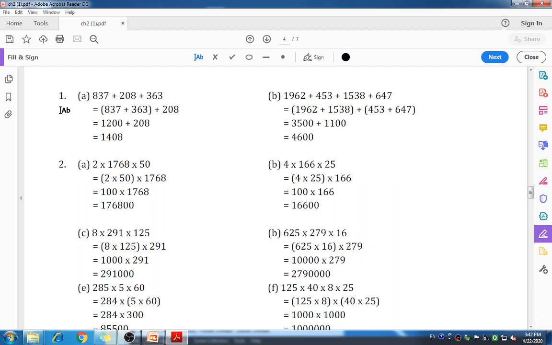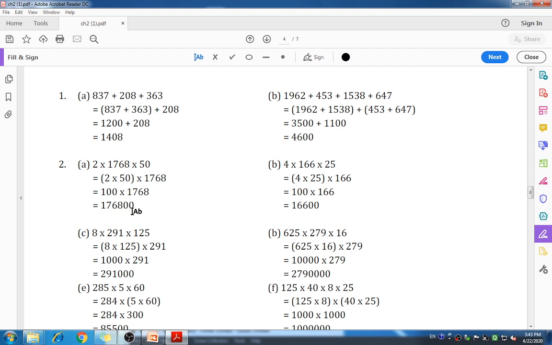Now question number 2. In this question we have to find the product by suitable rearrangement. Look at the first example, 2 into 1768 into 50. We know that 50 times 2 is 100, so we make a group of 2 into 50 in a bracket, into 1768. Look here, 50 times 2 is 100. So I wrote 100 into 1768.